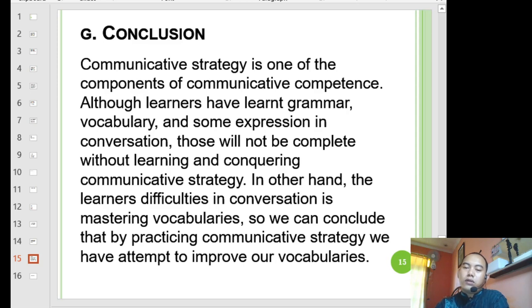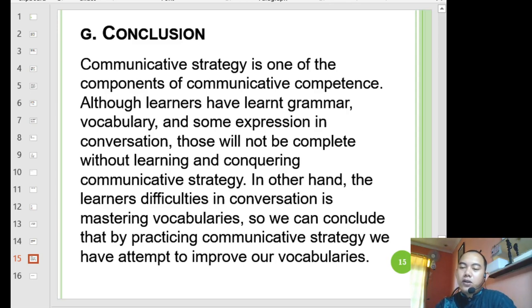Learning a language is not complete without learning communication strategy. Even if learners have learned grammar, vocabulary, and some useful expressions for conversation, they need to learn how to restore face-to-face conversation when they meet a communication breakdown in their conversations. Teaching communication strategies is an effective way to improve learners' communicative competence.